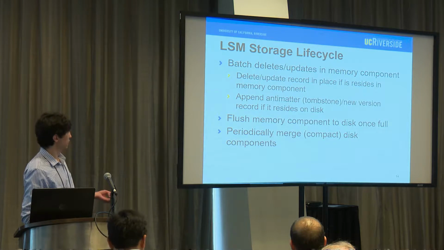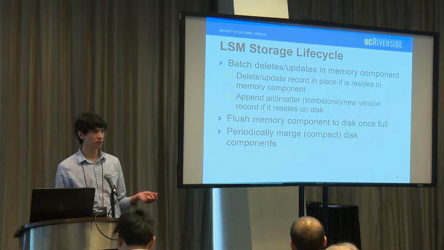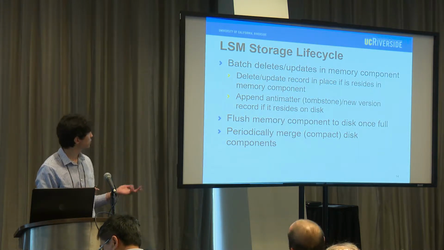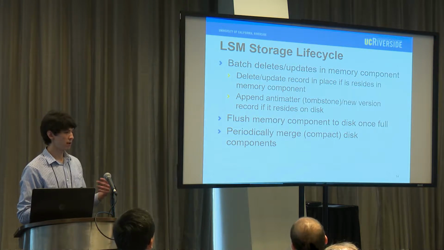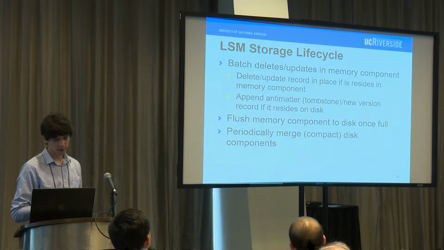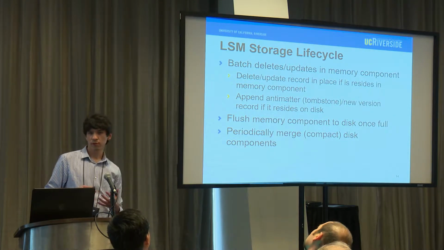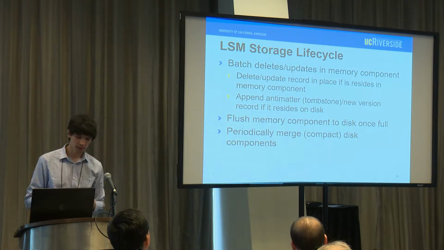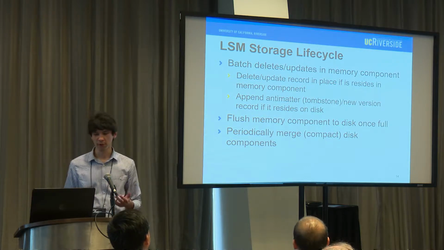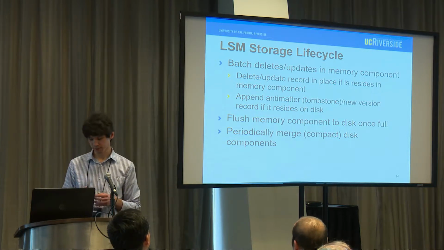Otherwise, if they're already on disk, we just append a special tombstone or antimatter record, or append a new version of the record. And once the memory component gets full, we flush its contents to disk, and we also have the periodic merge compaction process.